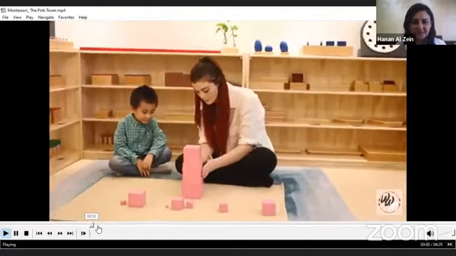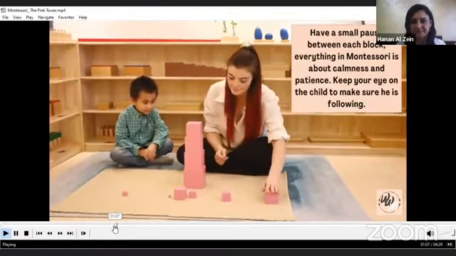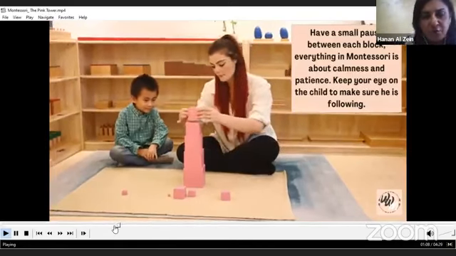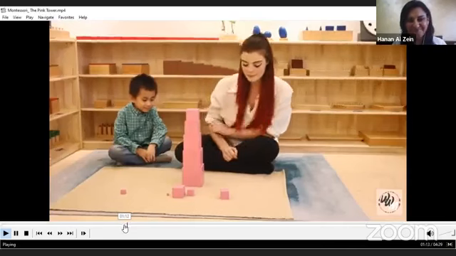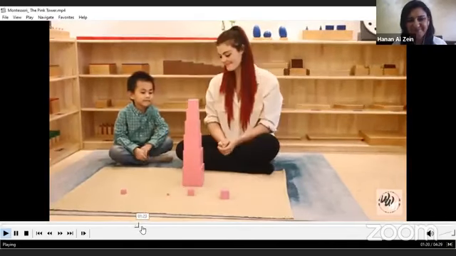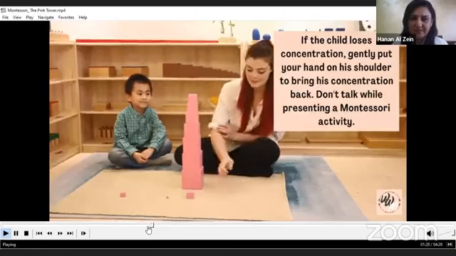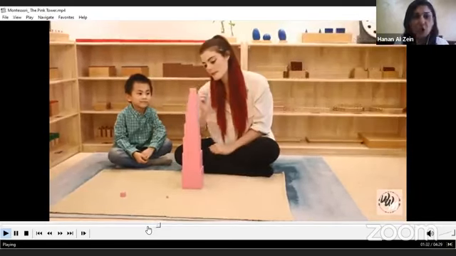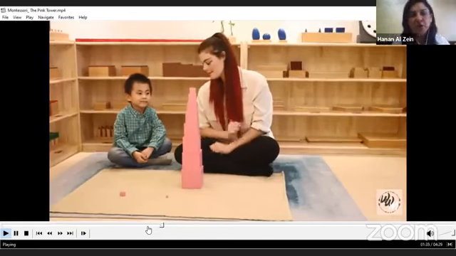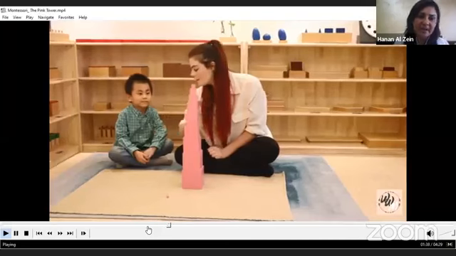Patience, calmness, to foster observation, of course. The child is then invited to work the same. No interruption of observation, no talking during the application.